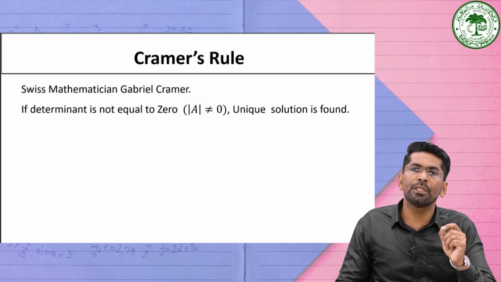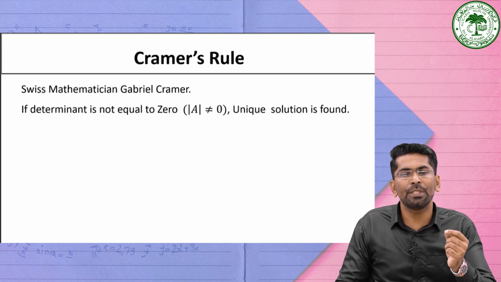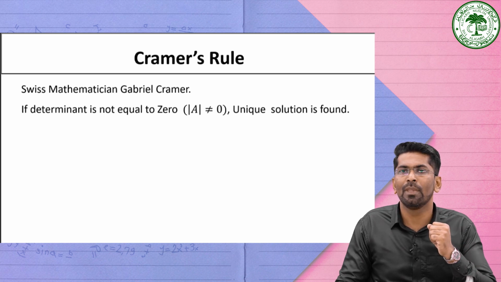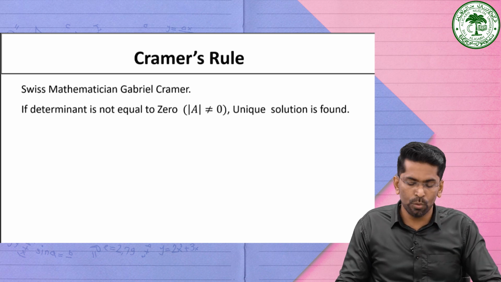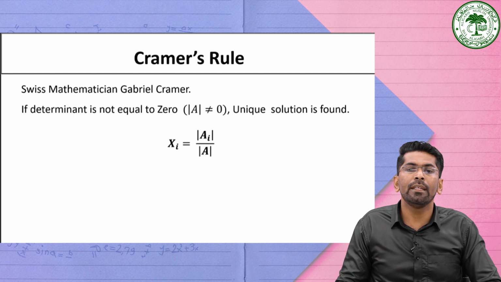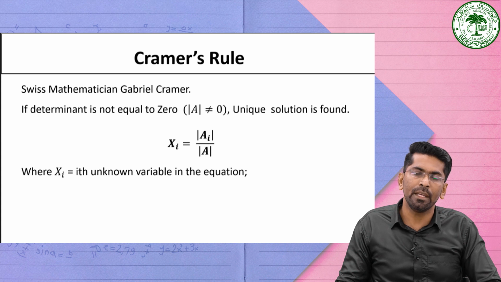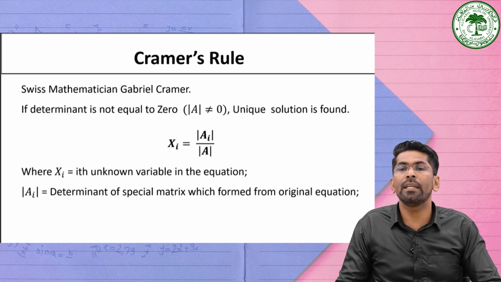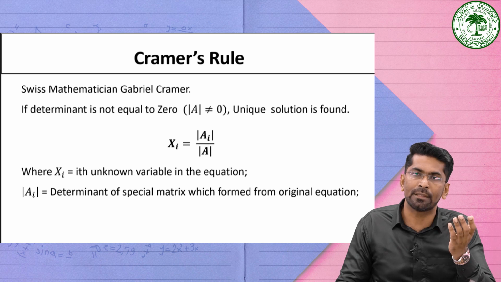When the number of equations is equal to the number of unknowns and the determinant of the coefficient matrix has a non-zero value, then the system has a unique solution, which we can find by using Cramer's formula, that is xi is equal to the determinant of Ai divided by the determinant of A, where xi is the ith unknown variable in the equation, and determinant Ai is the determinant of a special matrix which is formed from the original matrix.